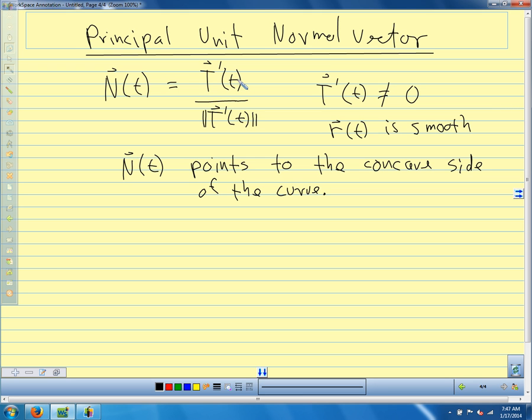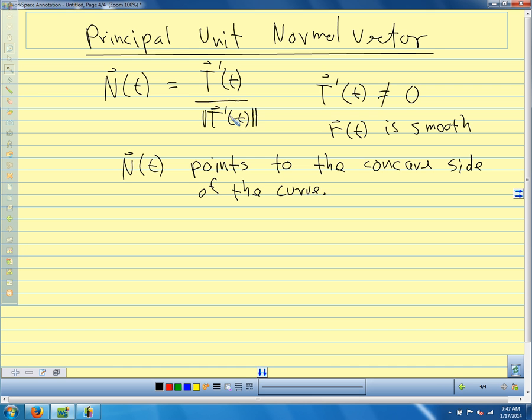Now, because of the way that we've defined this principal unit normal vector, where we take the derivative of t and we divide by the magnitude of t prime, well, t, we had to normalize the velocity vector. So when we take the length of those, we end up with these radicals in the denominator.